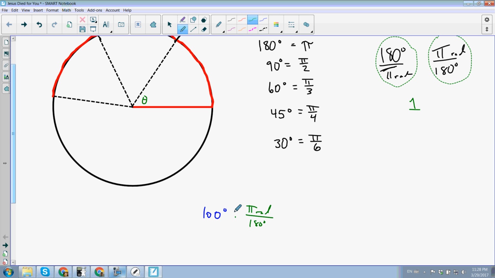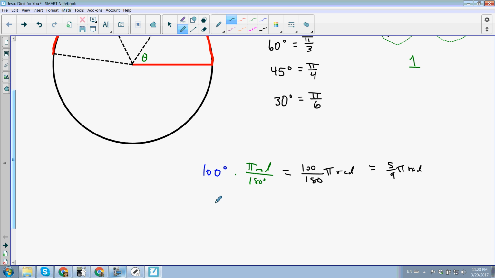The degrees units cancel out, and you're left with 100 over 180 times pi, in radians. So that will be 10/18, which reduced to 5/9. So 5/9 pi radians.